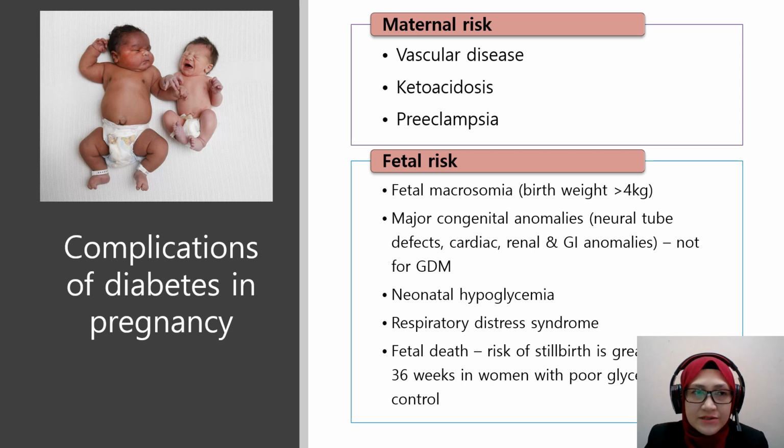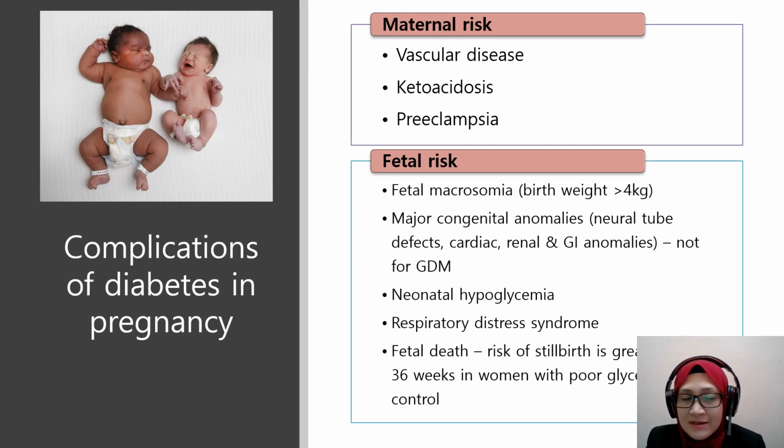For the complications of diabetes in pregnancy, it can affect both mother and the fetus. For the mother, if they have pre-gestational diabetes or gestational diabetes, they are at an increased risk of vascular disease, ketoacidosis, or preeclampsia, the high blood pressure.